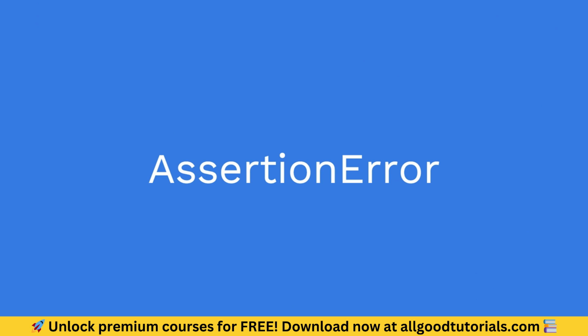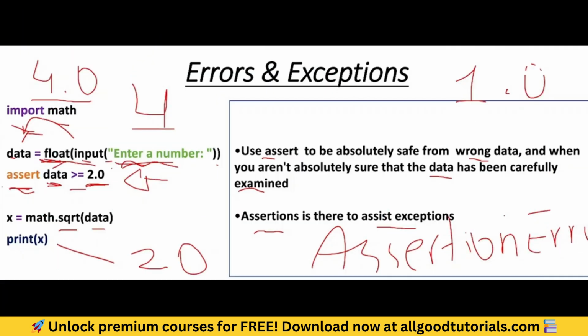So again, the assert instruction can be used as a conditional statement inside our code. And again, when we are not absolutely sure that the data has been carefully examined by a programmer, for example, if we are to receive a specific code, we can place the assert instruction inside that code to make sure there are no errors in any of the lines of the code.